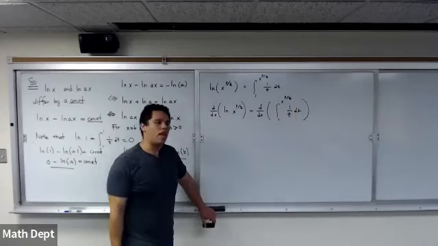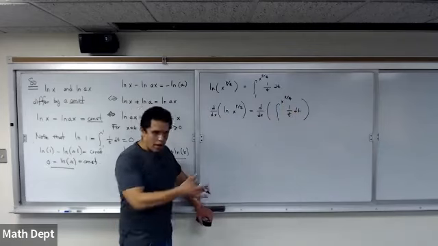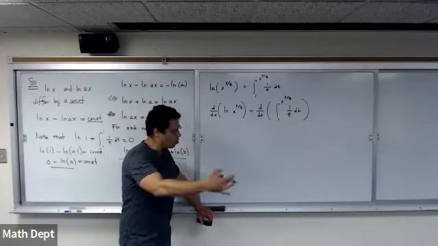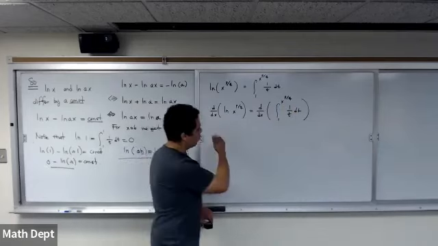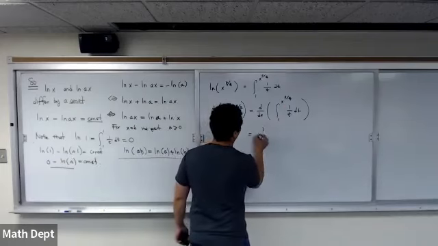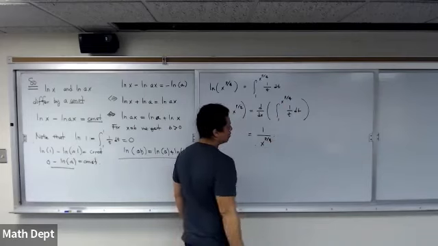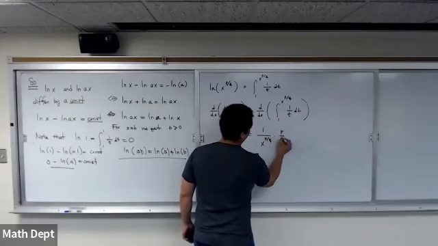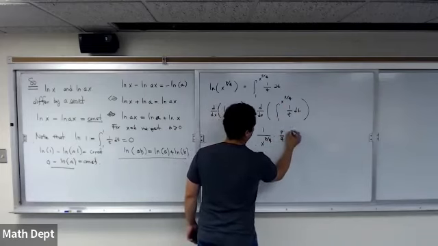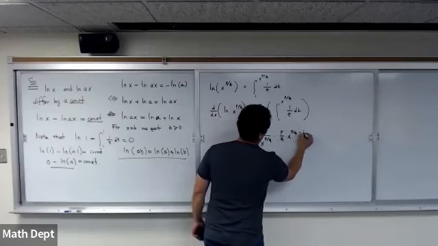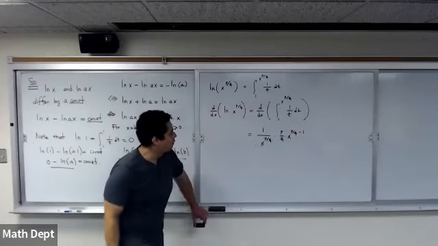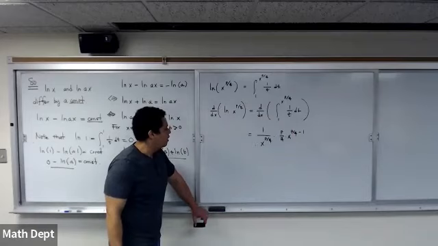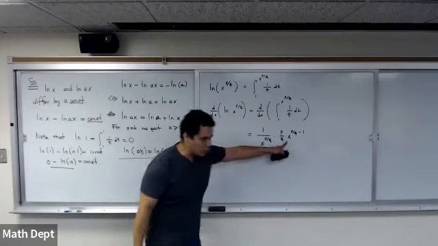Then you say, well, wait a second. Fundamental theorem of calculus, composition of functions, chain rule, boom, we get the following. 1 over x to the p over q times p over q times x to the p over q minus 1. And you say, well, why are you allowed to do this?